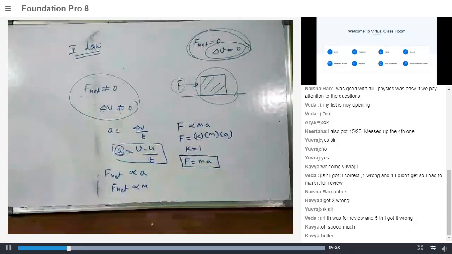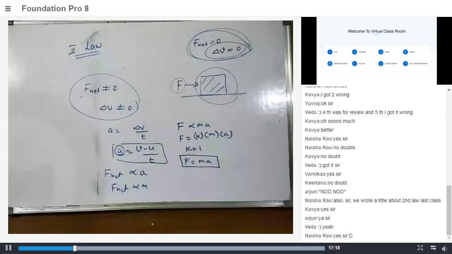Whenever a net non-zero force acts on a body, an acceleration is produced. The force is directly proportional to acceleration, and also proportional to mass. That means if I have to produce more acceleration, I have to apply more force. Similarly, if I have to move more mass, I have to apply more force. Taking both into consideration, I get force equal to mass into acceleration. I hope this is clear to all of you.